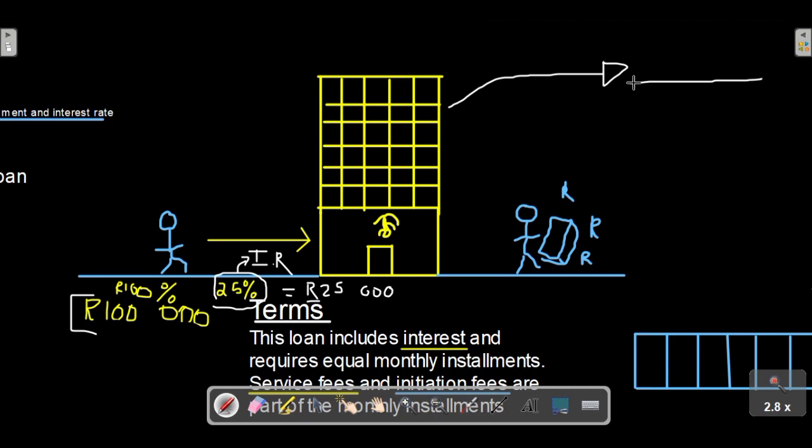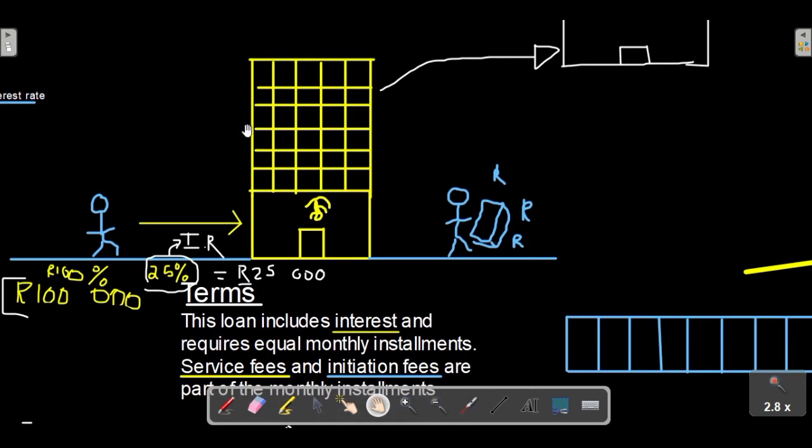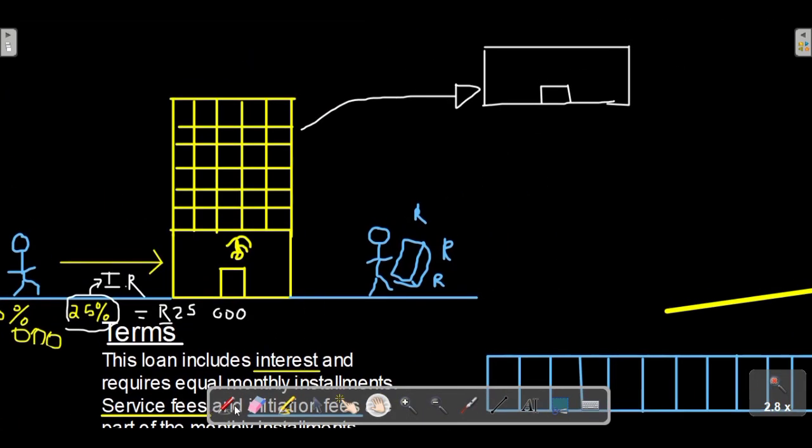So this is the central bank of South Africa, which lends money to these commercial banks, and these commercial banks lend money to you. The rate at which they lend this money to the commercial banks is what we call the repo rate.